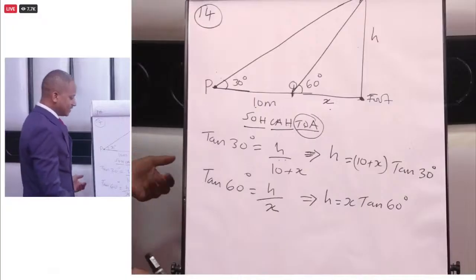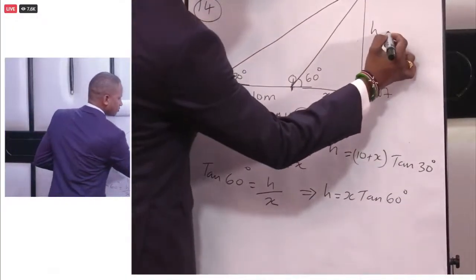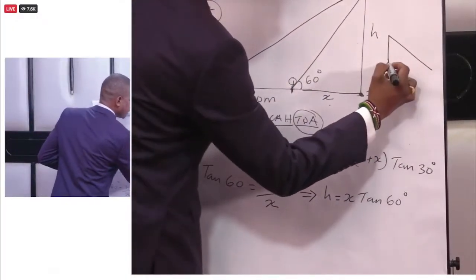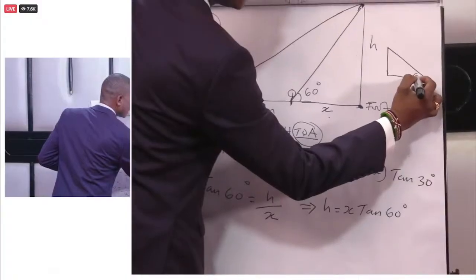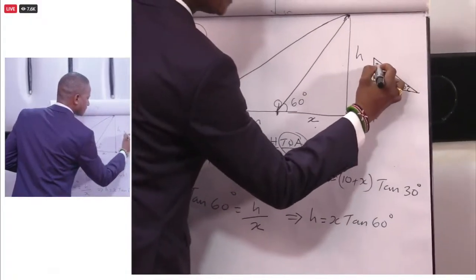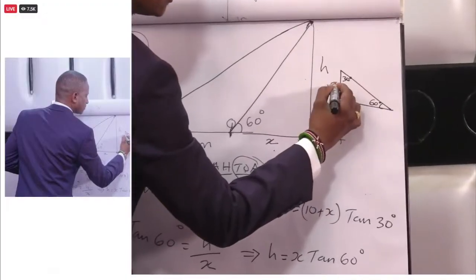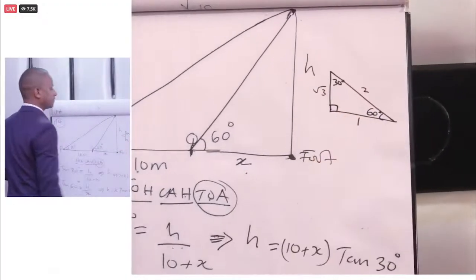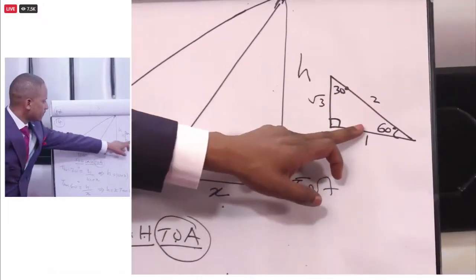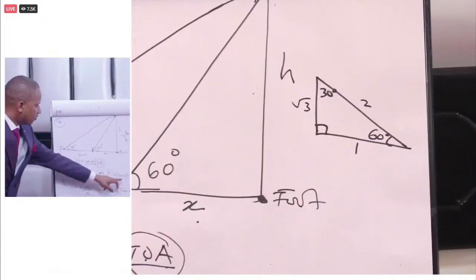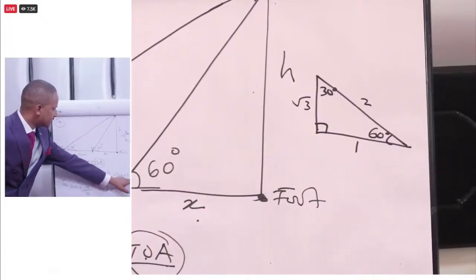But from our identity triangle, I'm drawing it here, if this is 60, this is 30, I already did it. This is root 3, this is 2, and this is 1. We want tan of 30.